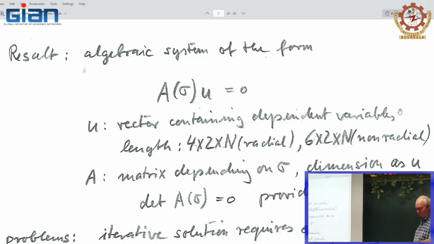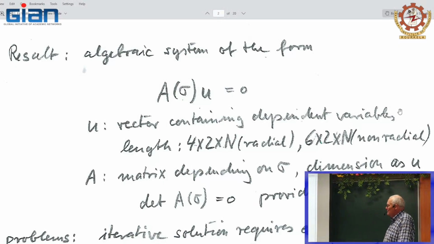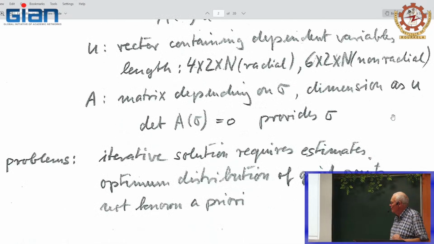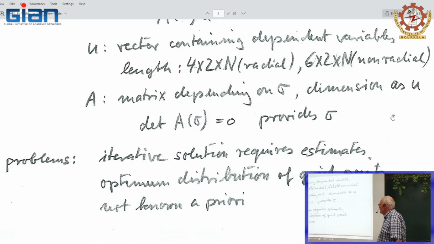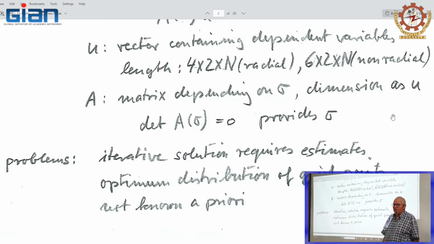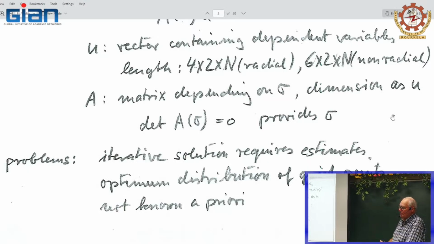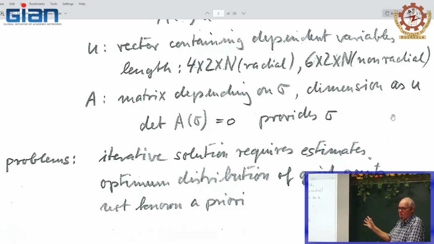is used to determine the eigenvalues. Well, this method faces some problems, because the zeros of this determinant need to be determined by an iterative process, starting from some other approximation, and this approximation is not necessarily adapted to the problem.